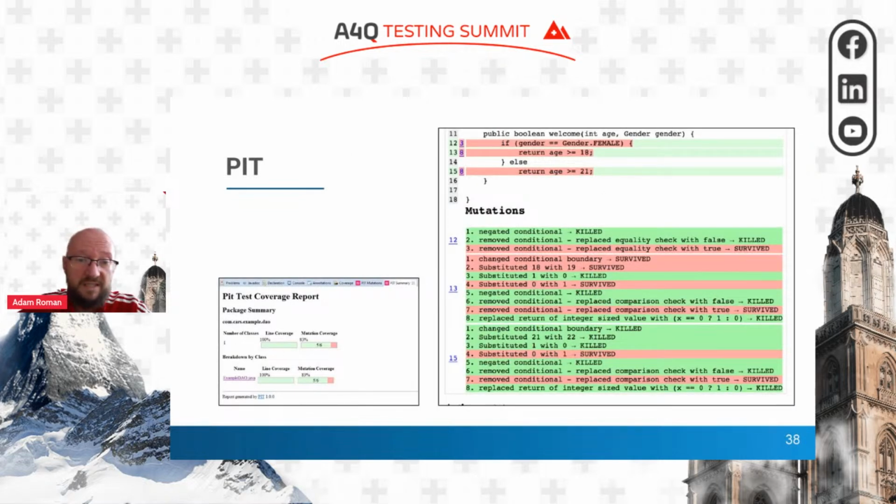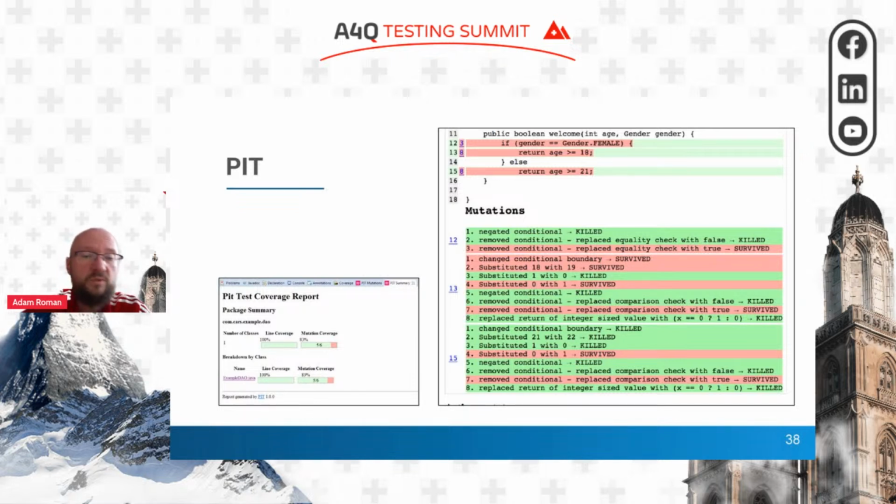It gives us the results in a very nice way. For example, it reports where the mutants were inserted and what these mutants were. You can see it in this figure. This green thing presents a mutant, and it says that mutant number 1 was killed, and for example mutant number 3 in line 12 survived.